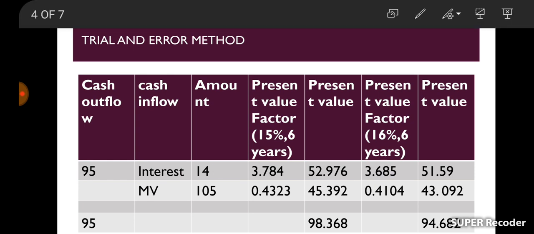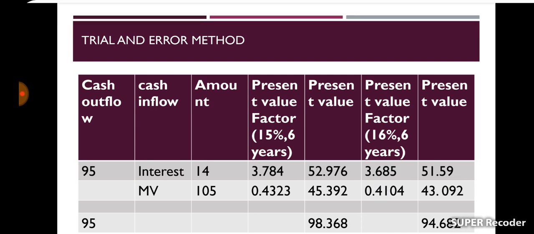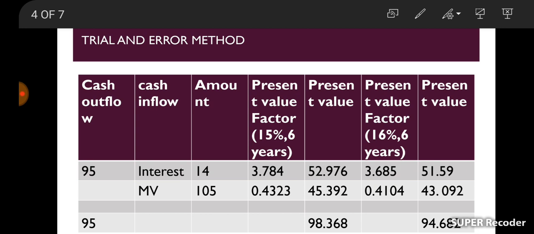Then we will get the present value of the interest amount as 51.59, and we are multiplying the present value factor at 16% for the 6th year, that is 0.4104, with maturity value 105. Then we will get the present value of ₹105 at 16% discount rate as 43.092. Then the total present value of cash inflows at 16% rate is 94.682.